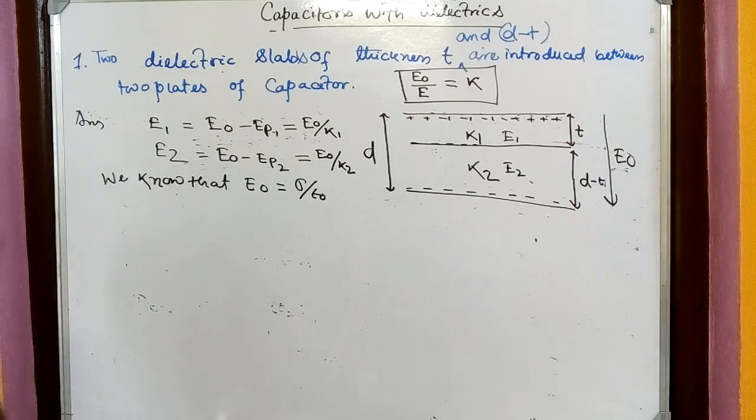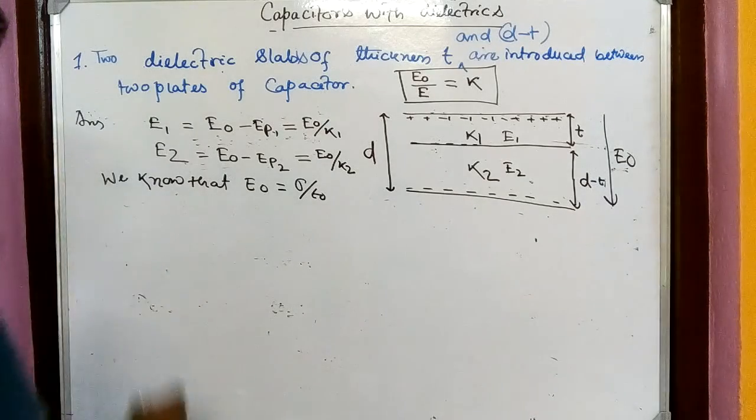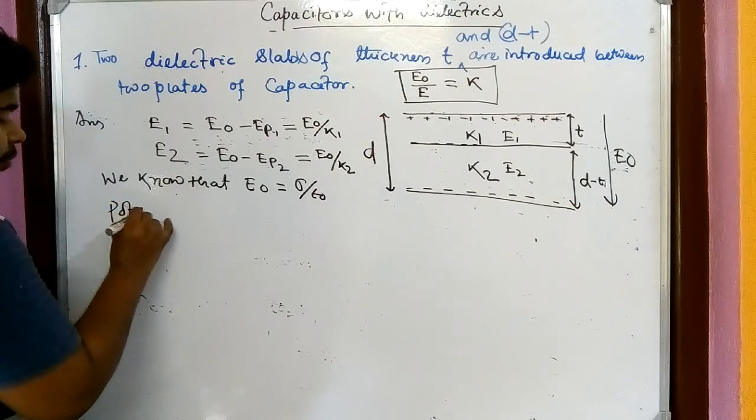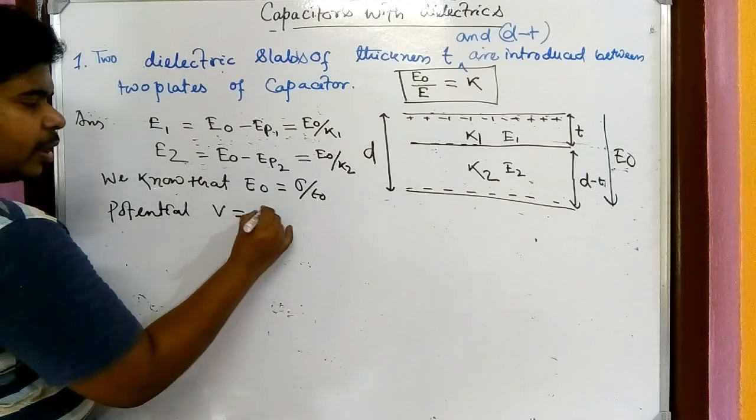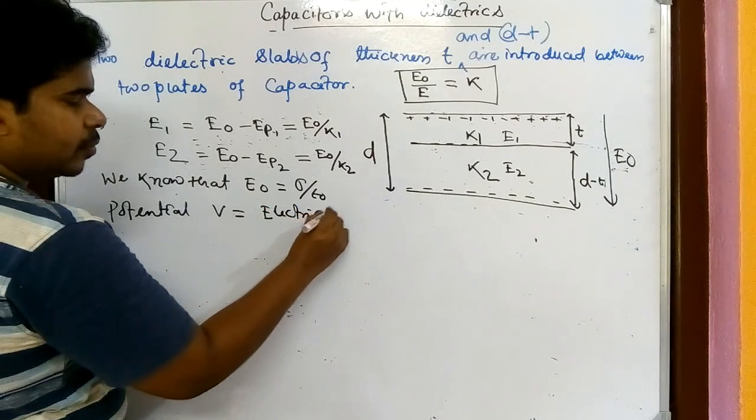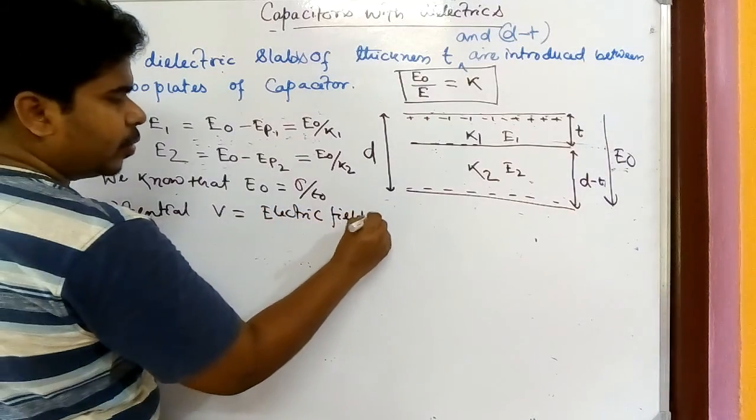And now we have the electric field. What do we have to find out? We have to find out the potential. So potential V, we know, is electric field into distance.